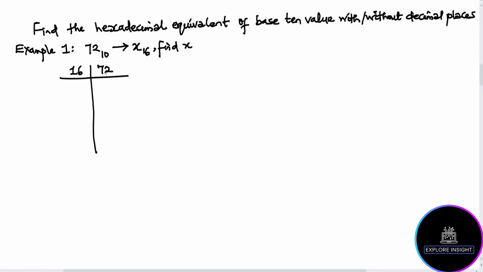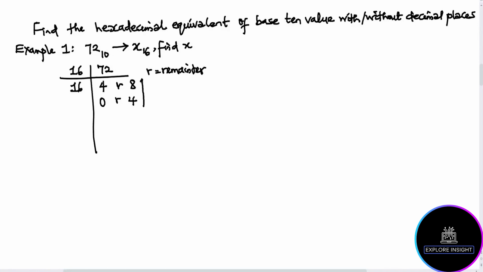16 into 72 is 4. So 16 times 4 is 64. 72 minus 64 will be 8. So our remainder is 8. Take note, R is remainder. Now 16 into 4 is impossible, so we are going to have that remainder as 4.